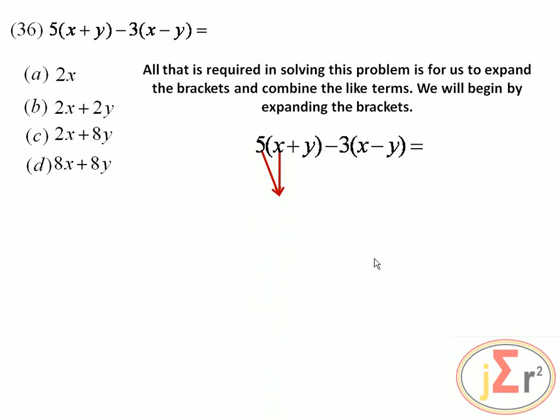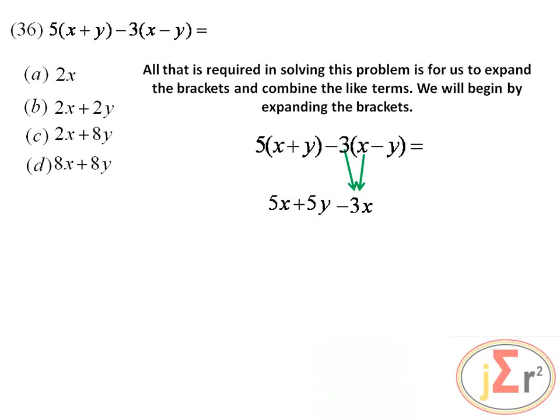What do we say? First 5 multiplied by x, 5x. Then we say 5 multiplied by y is 5y. Then we proceed to the next set of brackets. We have negative 3 multiplied by x, not 3. Negative 3 multiplied by x, and that gives negative 3x.